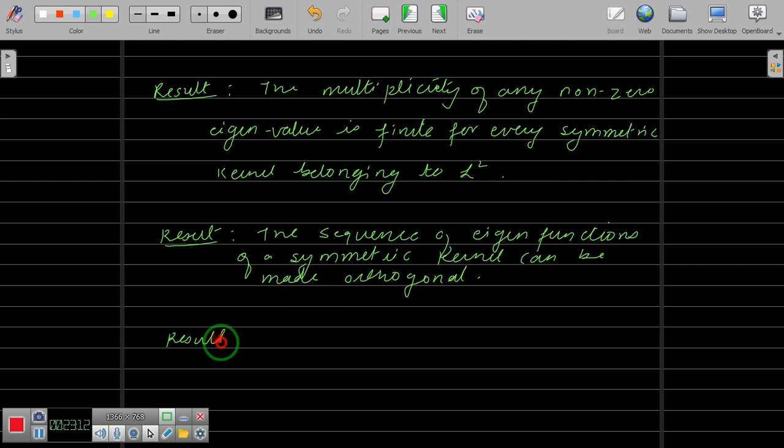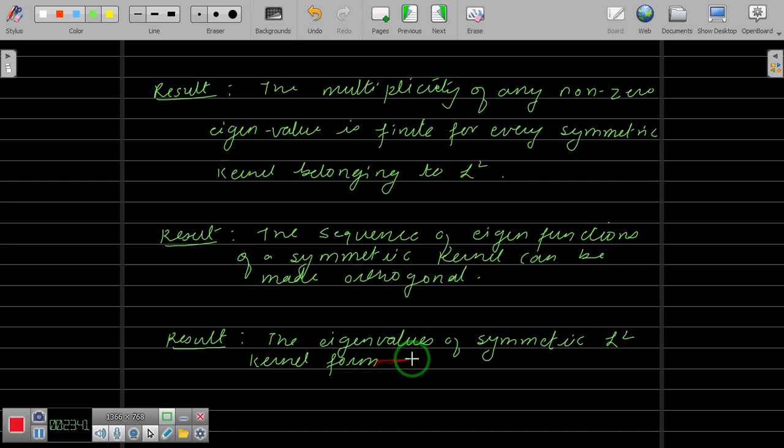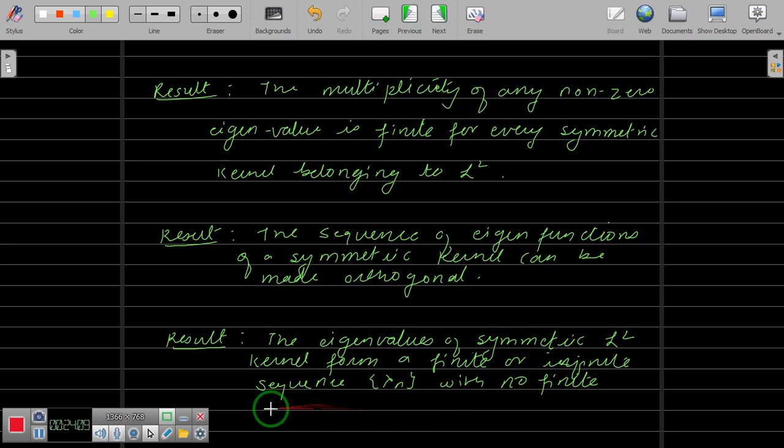Second last, the eigenvalues of a symmetric L2 kernel form a finite or infinite sequence lambda n with no finite limit points.